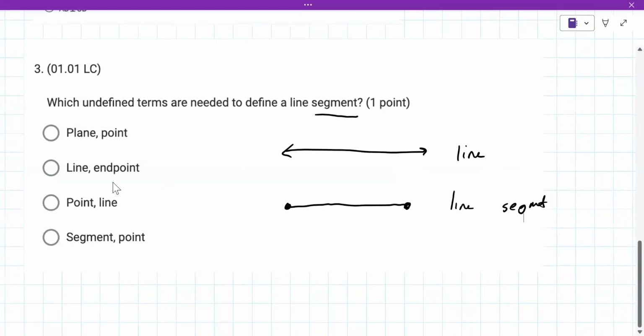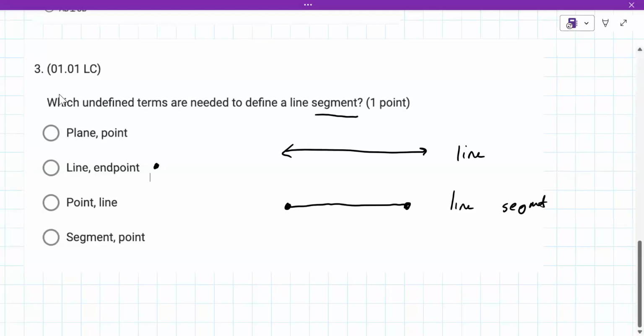So it has two endpoints. Now the problem I'm seeing here is, which one is it? If it's a line with an endpoint, what does that mean? We really want which undefined terms are needed to define a line segment.